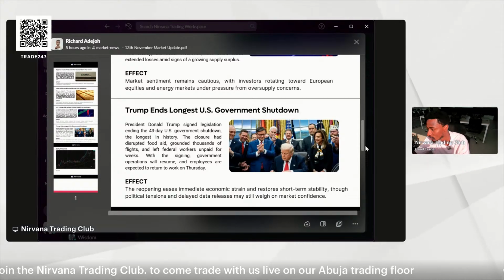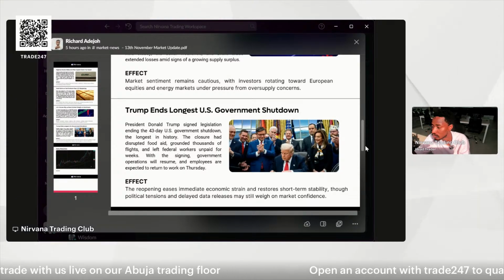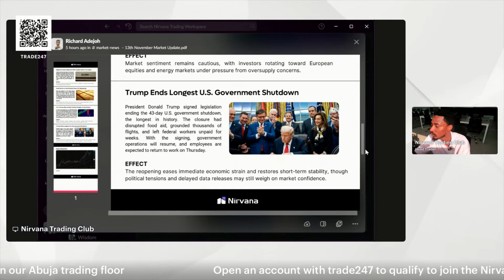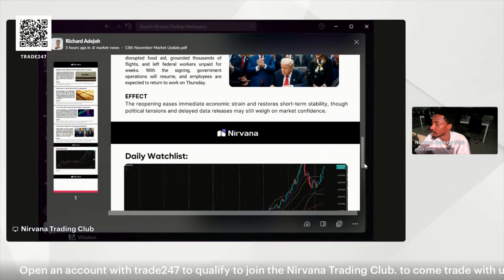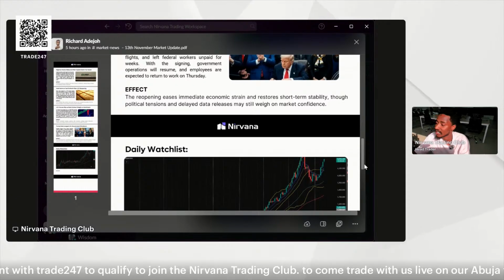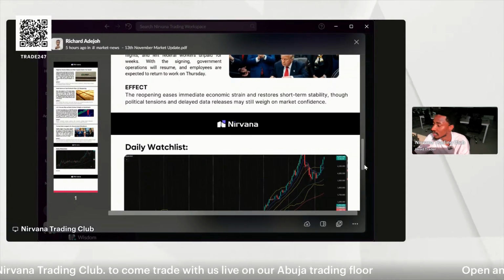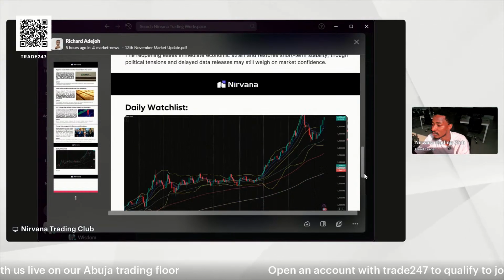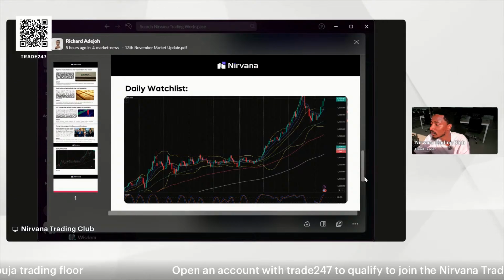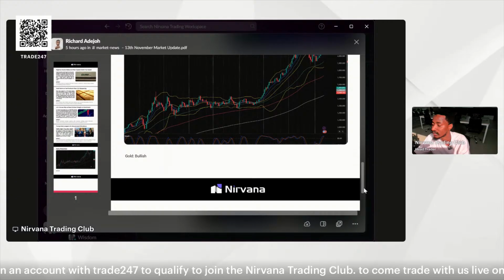With the signing, government operations will resume and employees are expected to return to work on Tuesday. The reopening eases immediate economic strains and restores short-term stability, though political tensions and delayed data releases may weigh on market confidence. So on our watch list, bullish, exactly.